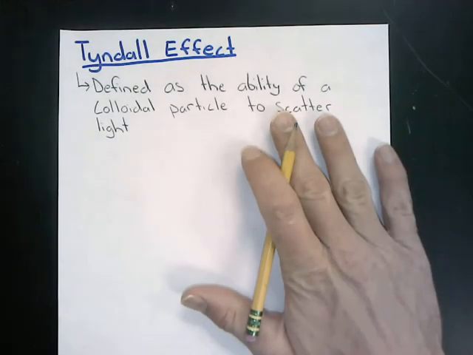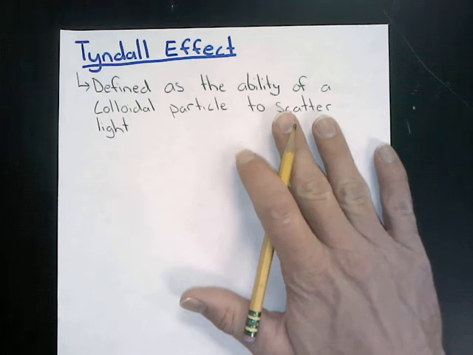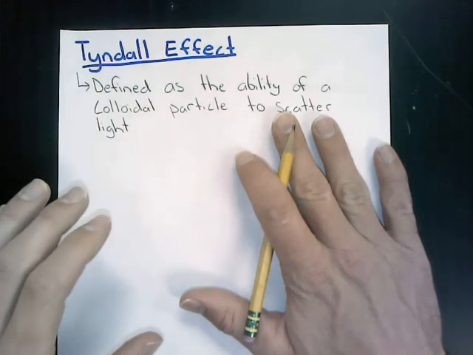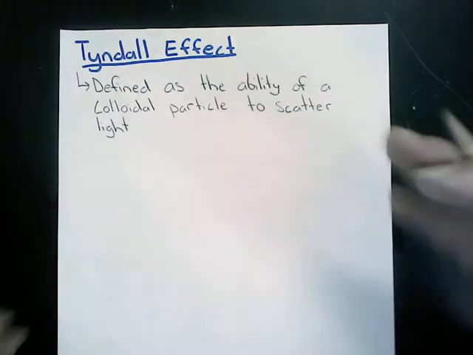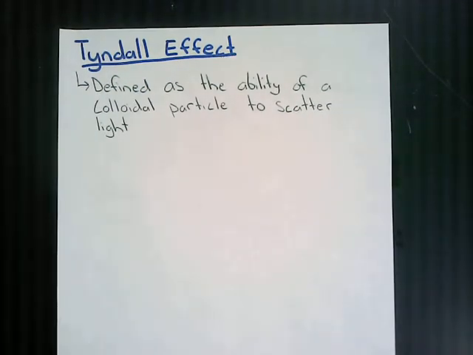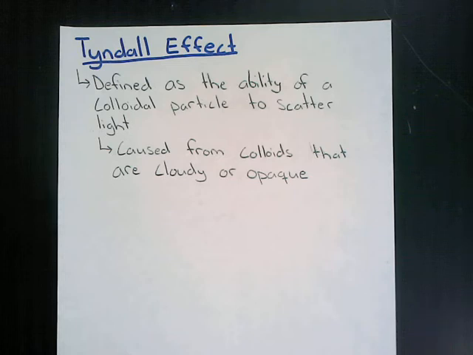Most of the colloids that produce the Tyndall Effect are going to be ones that are cloudy or opaque. Specifically, the Tyndall Effect occurs when the path of a beam of light projected through the colloidal suspension can be seen through the suspension.